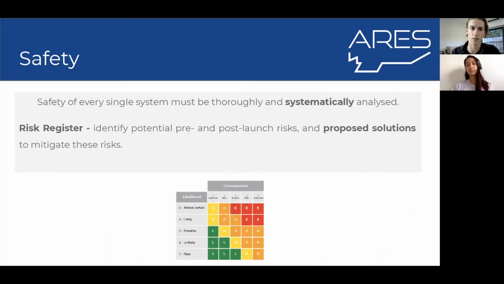There's also a method called the risk register, where it's similar. You take the likelihood and the consequence and make a table, and anything that falls into the red to yellow area, that is likely to happen or would have severe consequences, we need to implement some sort of safety measures to get it back down to the green area, which means it's not going to have severe consequences and it's also not very likely to happen.